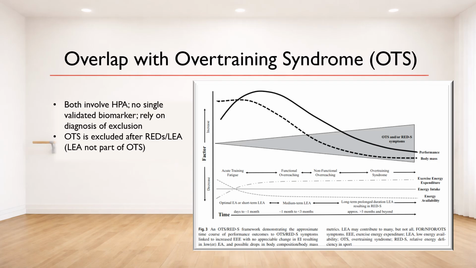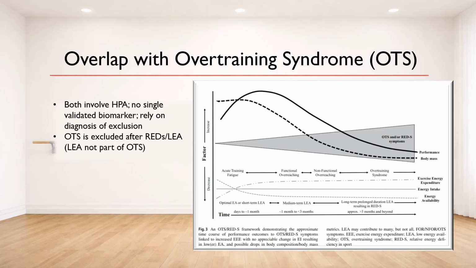So an athlete goes from a level of high exercise strain where they're seeing performance gains to a point where we describe non-functional overreaching, where someone's working hard but not seeing performance gains because of inadequate recovery, and then to a point where overreaching also starts to become associated with systemic symptoms that we also see in REDS, especially fatigue, increased illness frequency, and mood dysregulation like anxiety and depression.